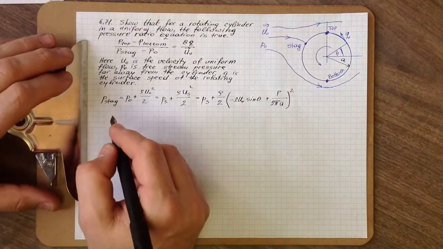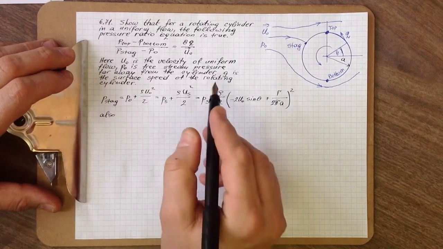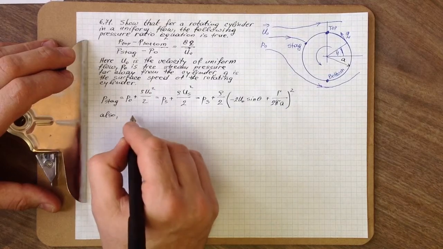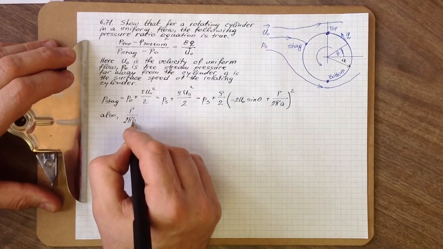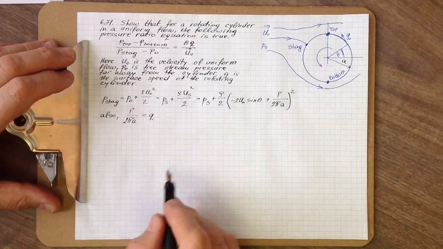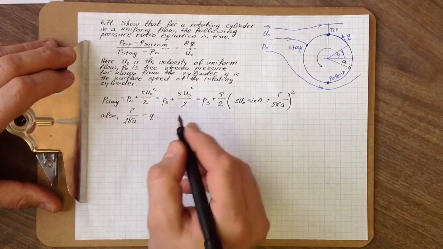Now, we are also told that we have the peripheral velocity given as Q, but by definition G over 2 pi A is the peripheral velocity of the cylinder. So we can replace this whole term by Q.